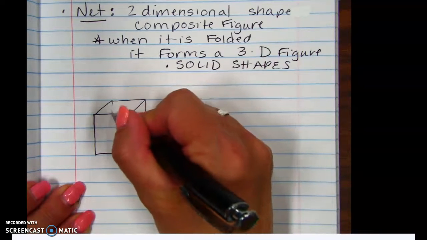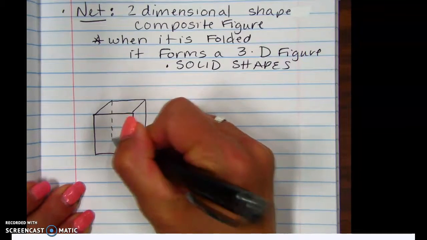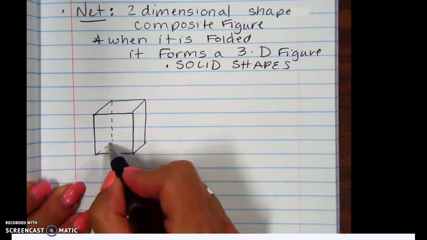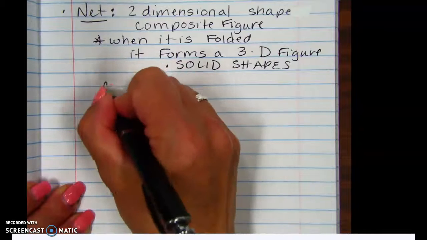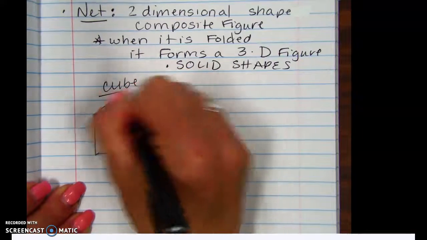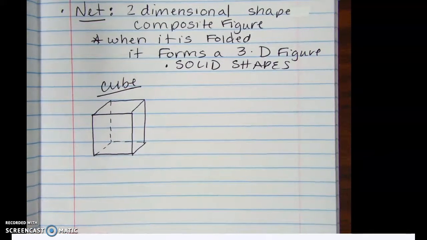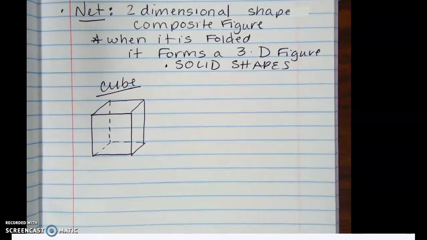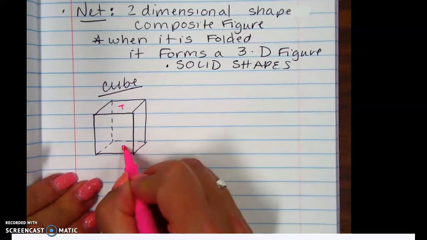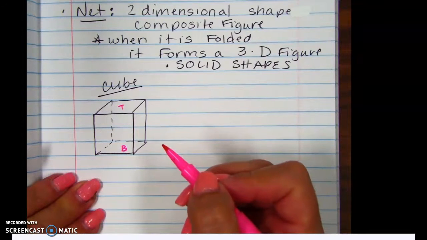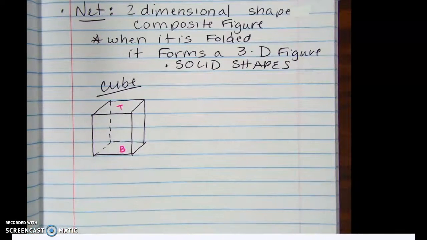And then how do I make the back look? You make your dotted line, you draw another slant, and then there we go. We have our cube. That's our 3D shape. So let's go ahead and label a couple of things. Let's label the top and the bottom, okay? Just so that we can see where things are.